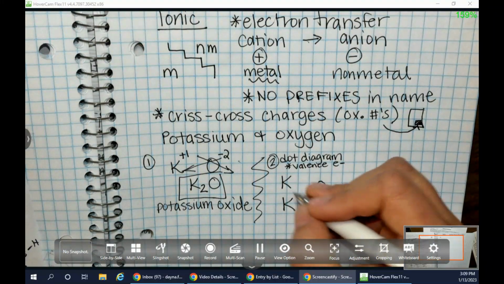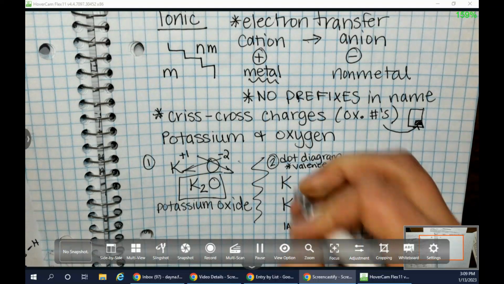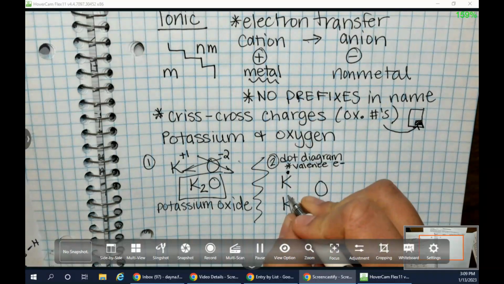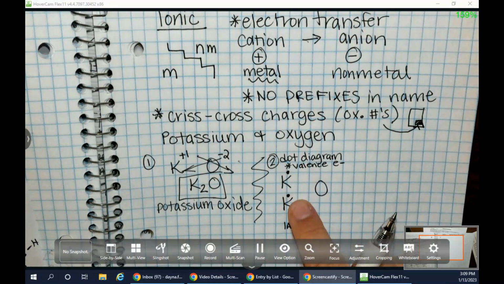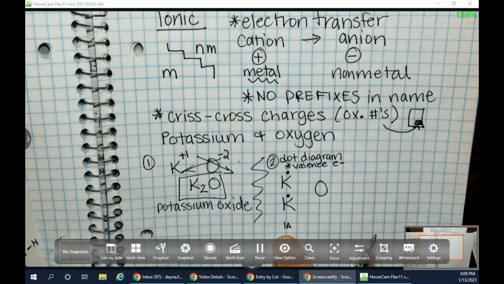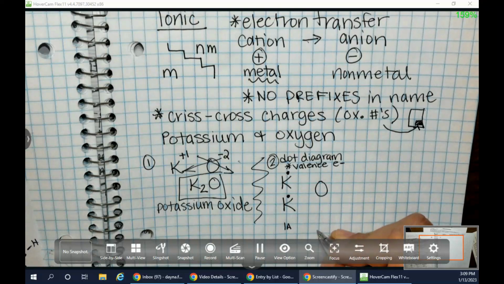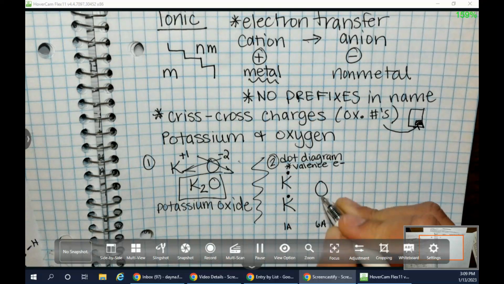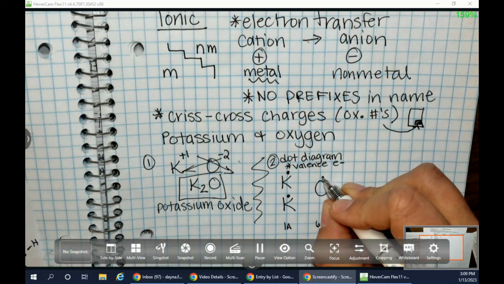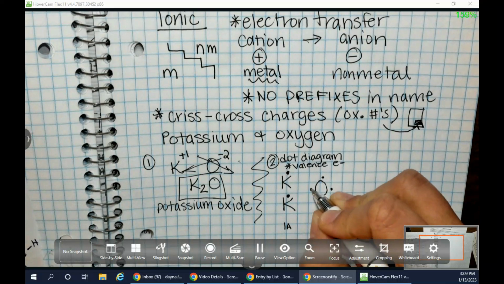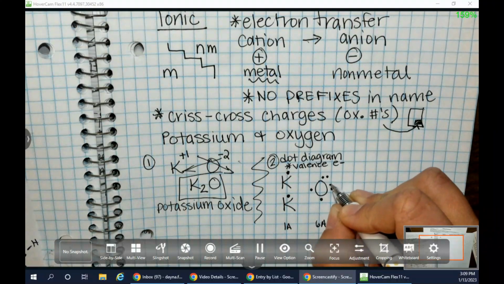So we can have 1 dot on each of my potassiums. I put a 1A to just remind myself that's what I'm looking at. This one is in 6A or 16, right? So that means you need 6 dots. 1, 2, 3, 4, 5, and 6.